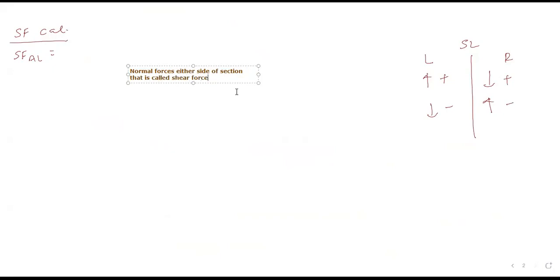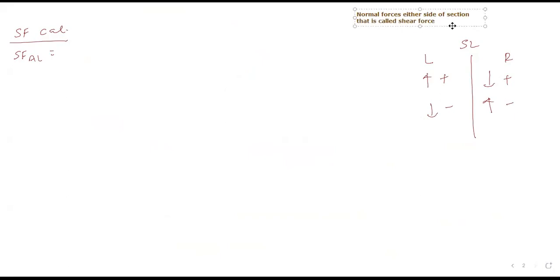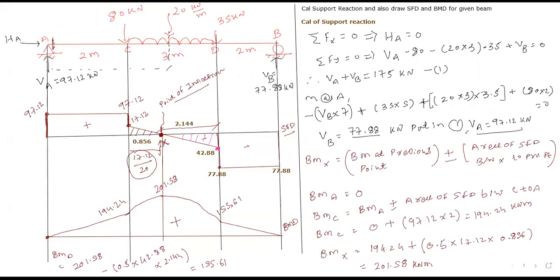Yes or no? हमने ऐसा कुछ डिस्कस किया हुआ है. Normal force either side of section, that is called a shear force. Okay. So now in case of the beam, vertical force becomes shear force. That याद रख ही सकते हैं. But you also need to remember in general definition normal forces are known as a shear force.